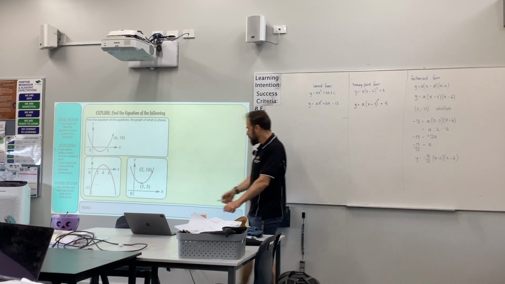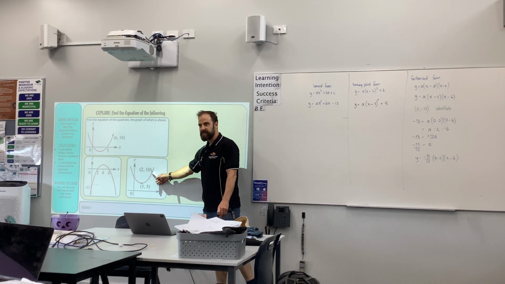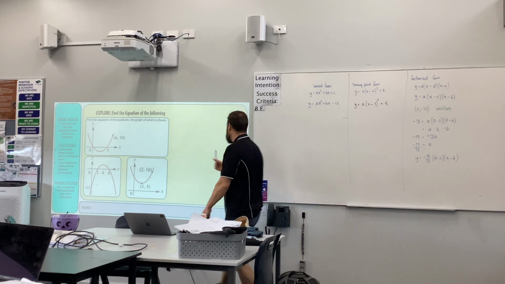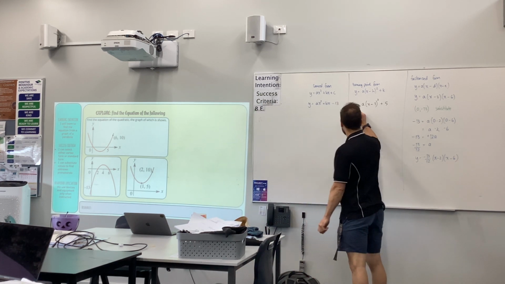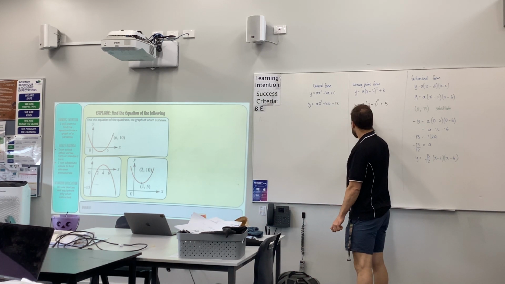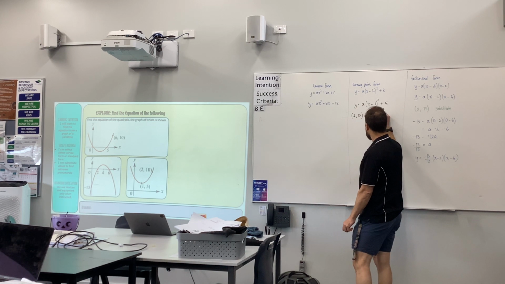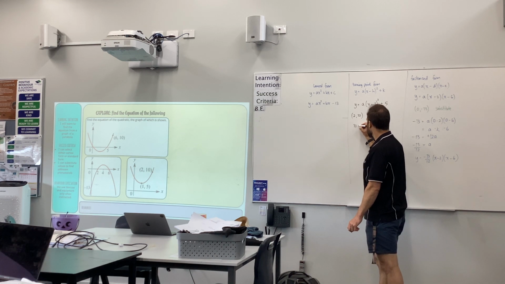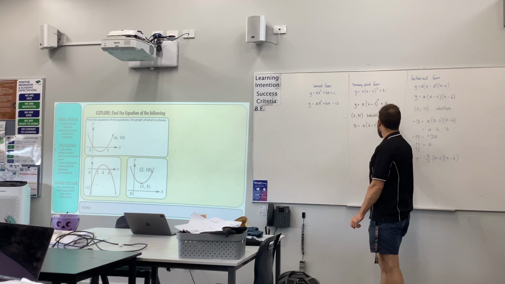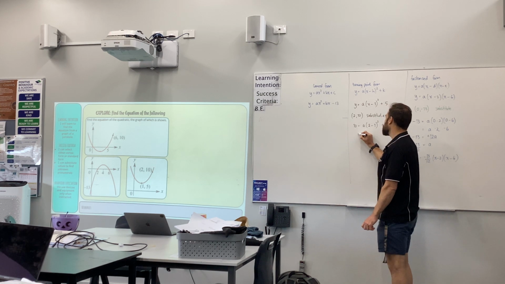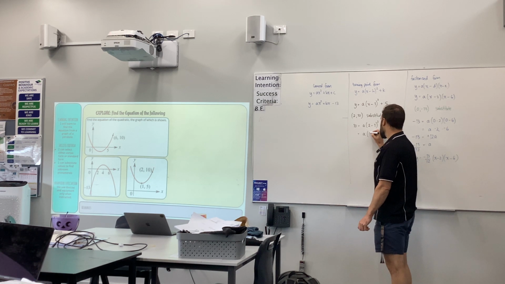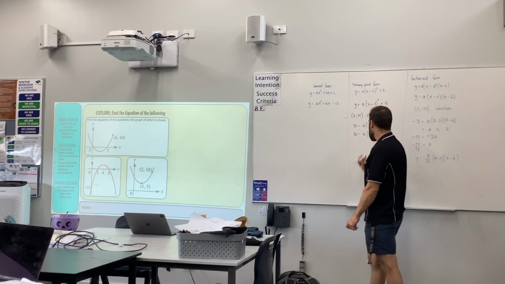So now, let's use the other bit of information I've got to find the value of a. So the other bit of information is 2, 10. We're going to substitute that in. So we get 10 equals a times 2 minus 1 squared plus 5. A times 1 squared plus 5 equals 10.